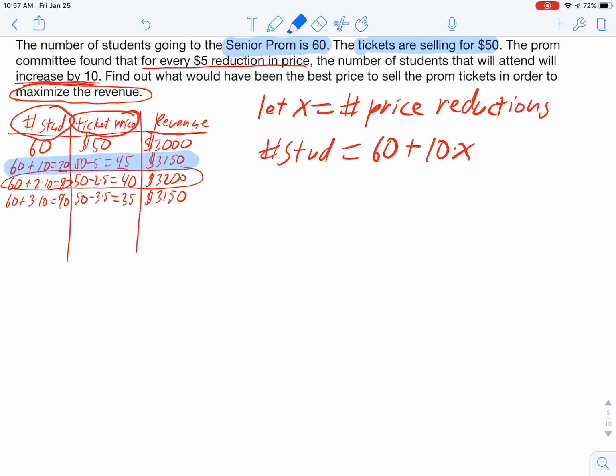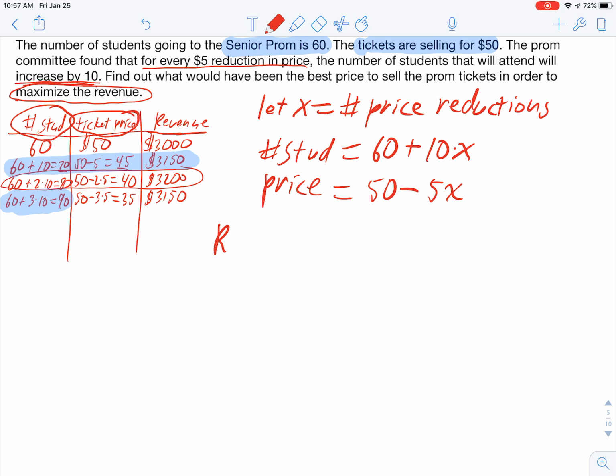If I reduce the price 3 times, the number of students went up by 3 times 10. So kind of a weird concept, but if you connect it back to what we did in the table, hopefully that makes sense. At the same time, the ticket price started at $50, but decreased by $5 for each price reduction.